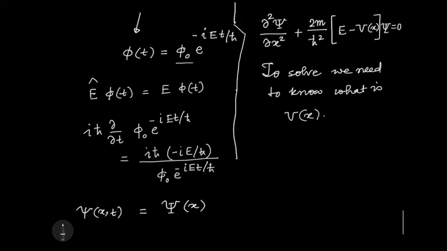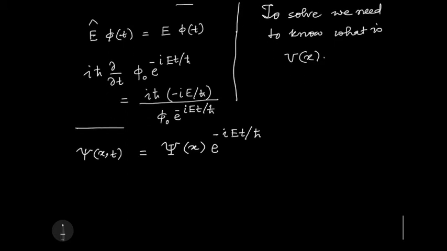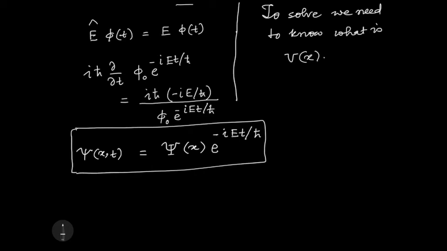It depends on x, and that x dependence is essentially that capital psi x. So my psi x t is psi x times e to the minus i E t by h cross. This is for stationary states.